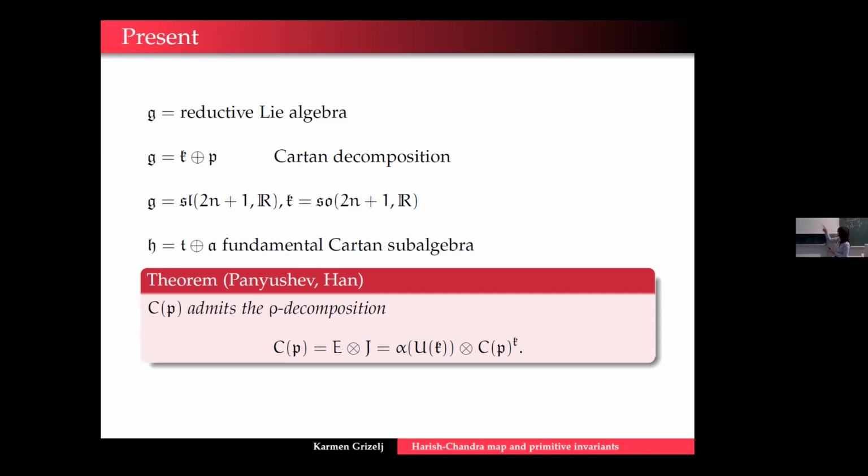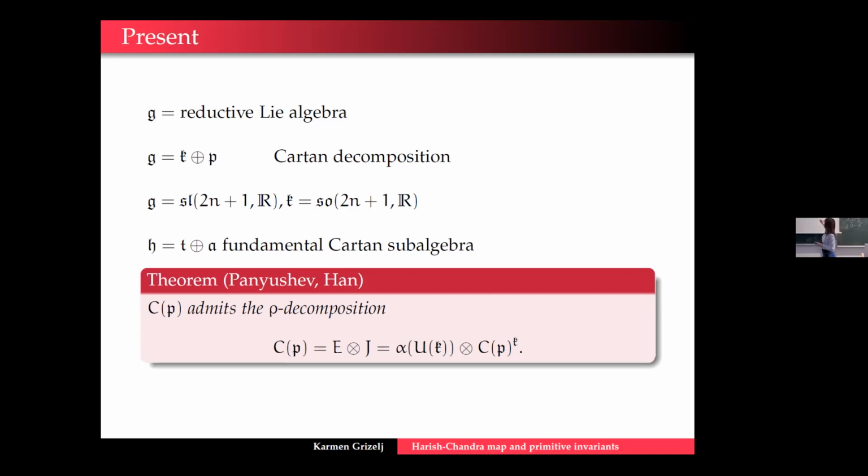So as it was the case with the constant, it is nice to know that the Clifford algebra of P, remember Clifford algebra just requires a vector space, not an algebra, so we can actually have a Clifford algebra of P, also admits the decomposition.